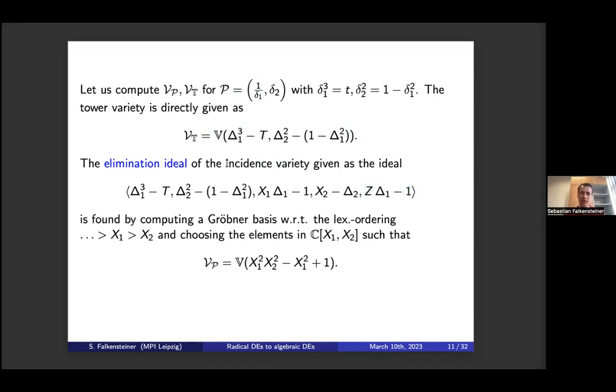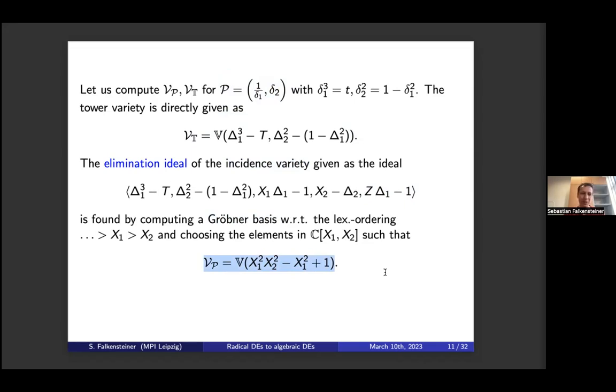And this is how we find the incidence variety. And then we compute the elimination ideal via Gröbner basis. And in this way, find the radical variety.